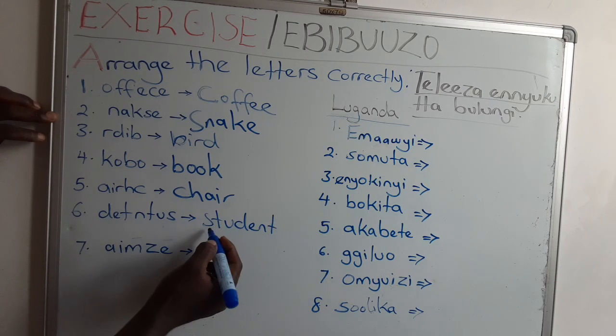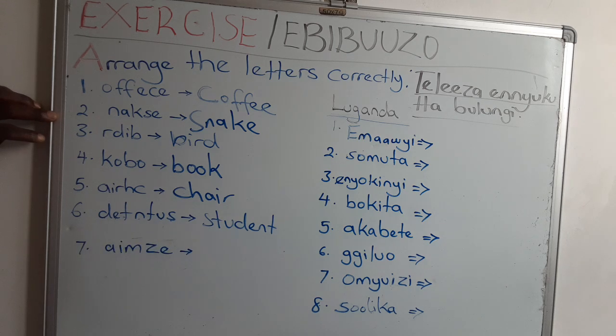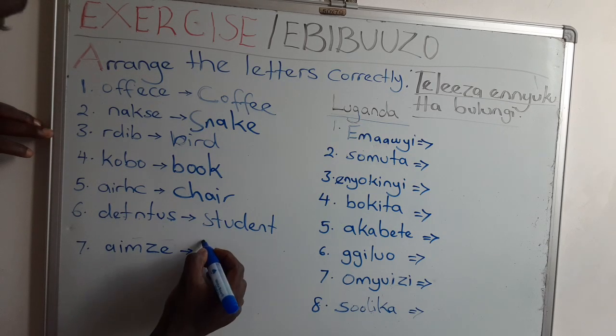Student. That was number 6. It was somewhat tricky, but it was student. Okay. Number 7. Okay, number 7 was maize.